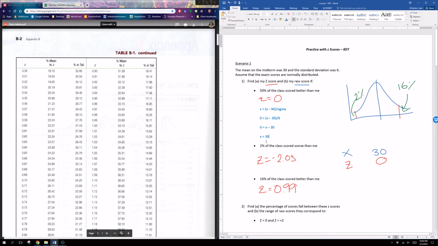Now, we actually didn't have to do the math for this one. We already have it right here, right? X equals 30, because that is the mean of the distribution.